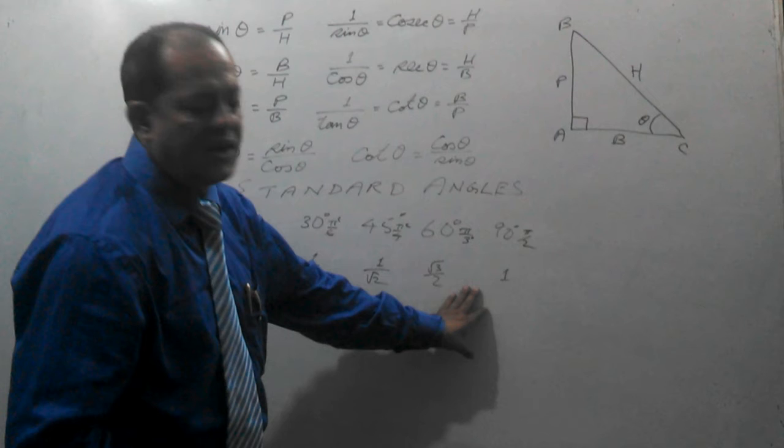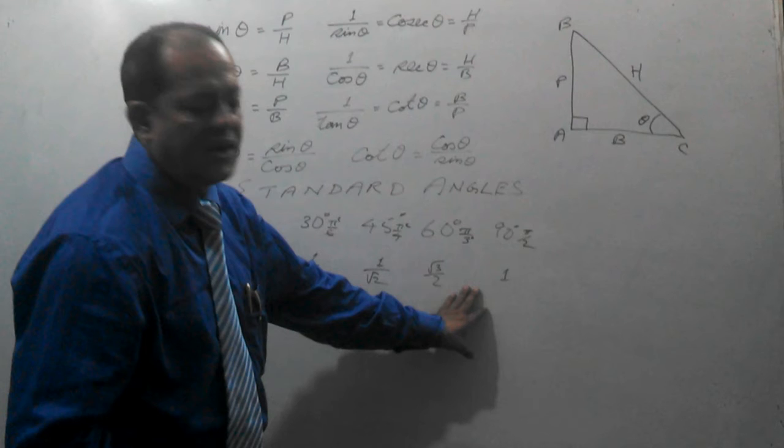Now I want to represent it in terms of tan, so I will divide each term by cos A cos B. So the first term is sine A cos B divided by cos A cos B plus cos A sine B divided by cos A cos B. Then the denominator cos A cos B divided by cos A cos B minus sine A sine B divided by cos A cos B. Right?